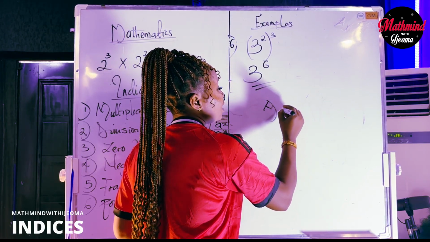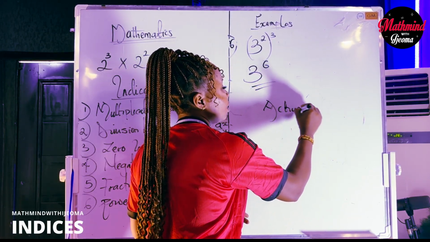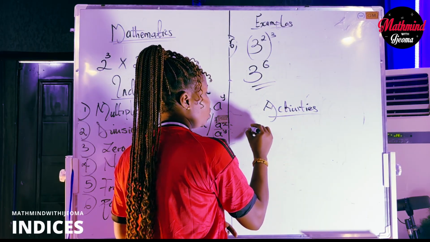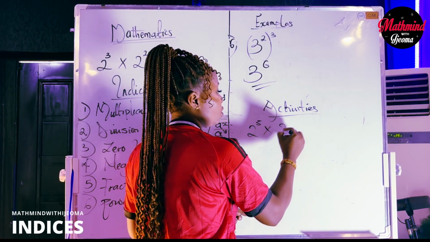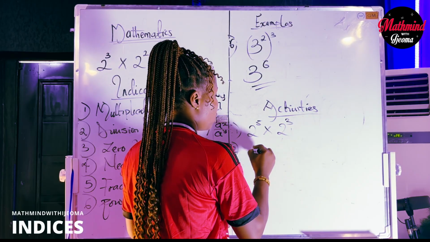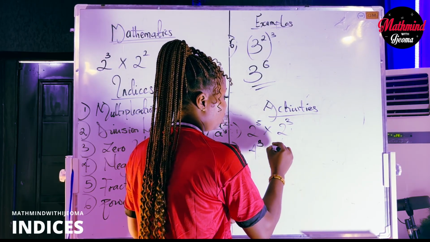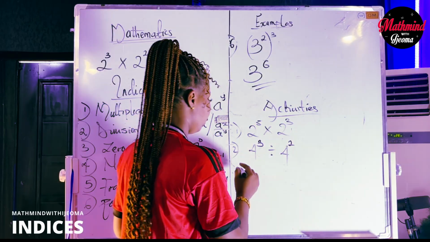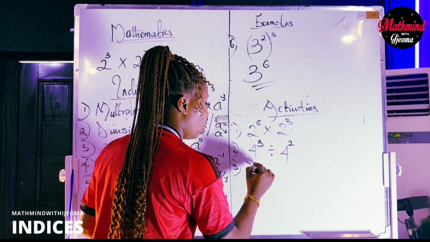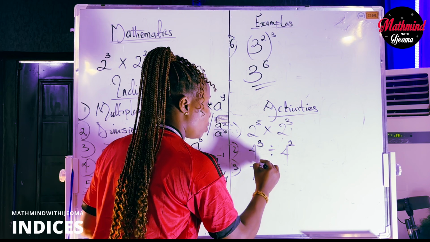Why not solve these activities? We have 2 raised to power 5 times 2 raised to power 3. 4 raised to power 3 divided by 4 raised to power 2. What is the result of 7 raised to power 0?